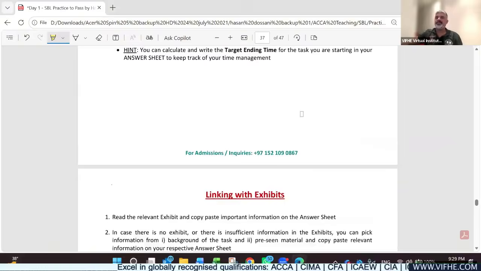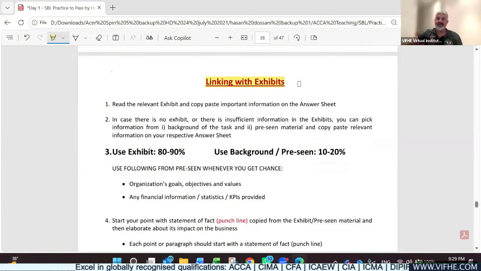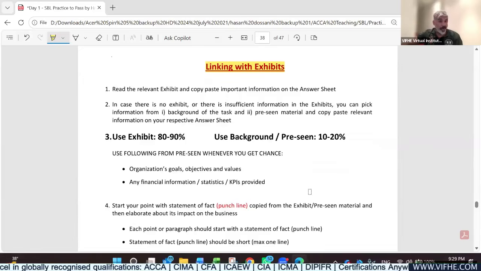All right, now let's move to linking with the exhibits. That's the second thing. You know that general answers are not acceptable in SBL. If you give a generalized answer, definitions, theoretical, bookish answers, 0 marks.